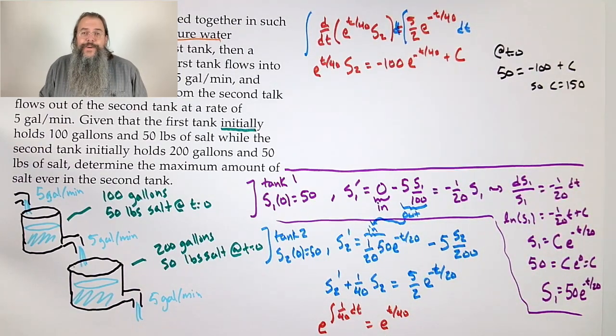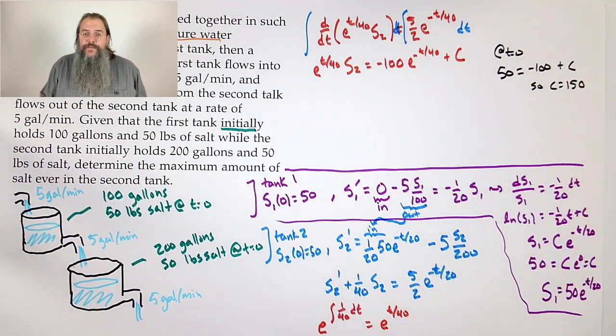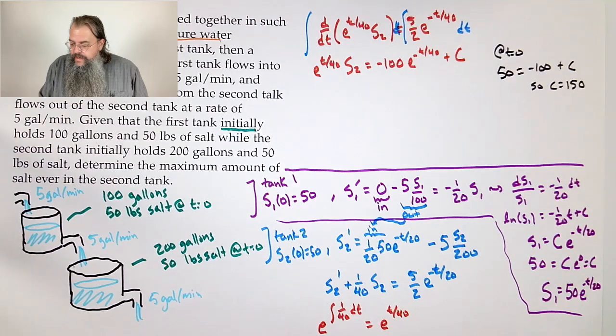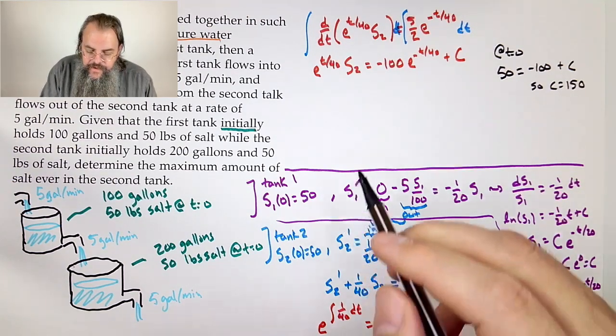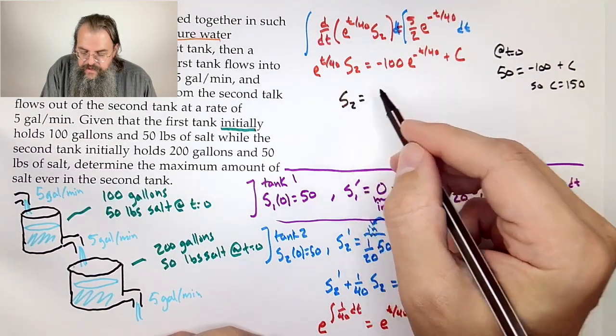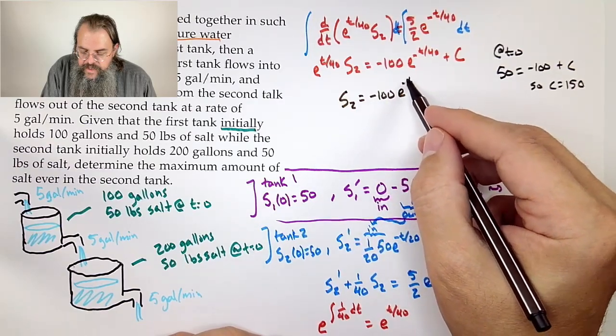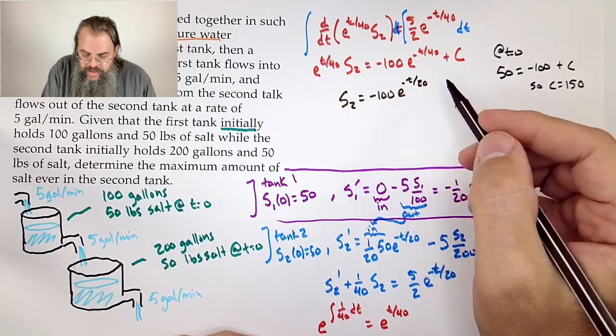All right. Finally, multiply both sides by e to the minus t over 40. And we come to the conclusion that our amount of salt, S2, is going to be minus 100 e to the minus t over 20, right?